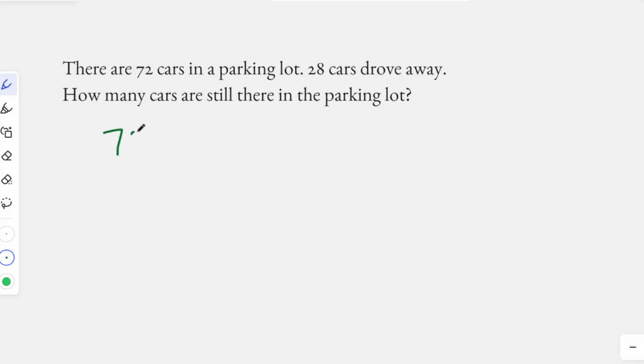The numbers are 72 and 28. So we will subtract 28 from 72. There were a total of 72 cars initially in the parking lot, and some of them are not there anymore. We need to find out how many are still there.